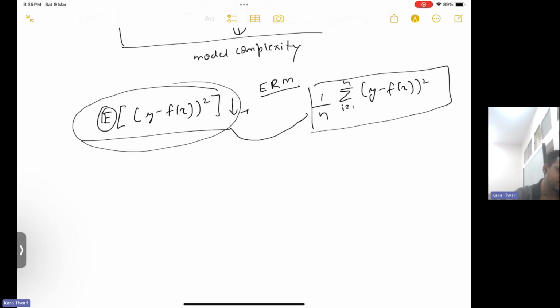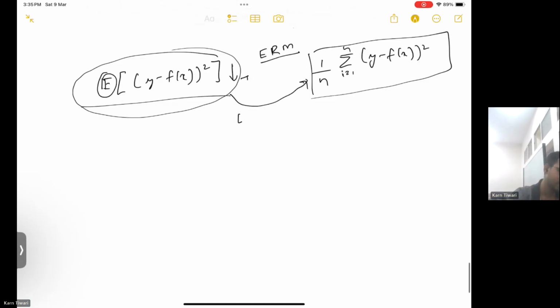If you want to know why this is applicable, one reason is the law of large numbers. If we have more samples, then we can estimate this expectation with the empirical risk minimization over the samples.